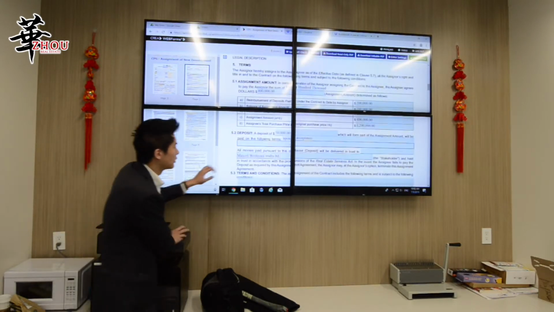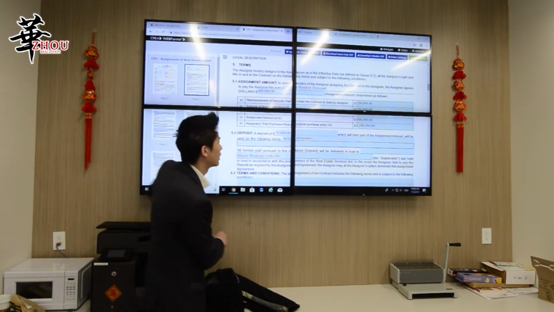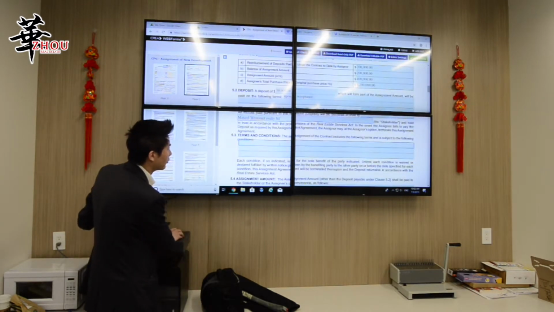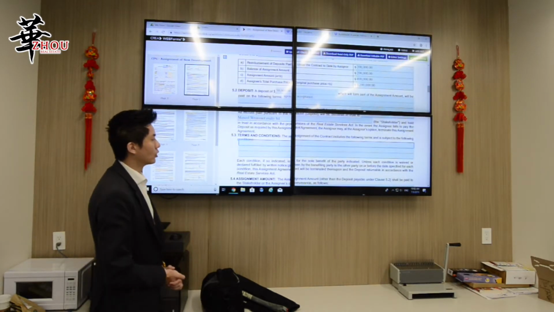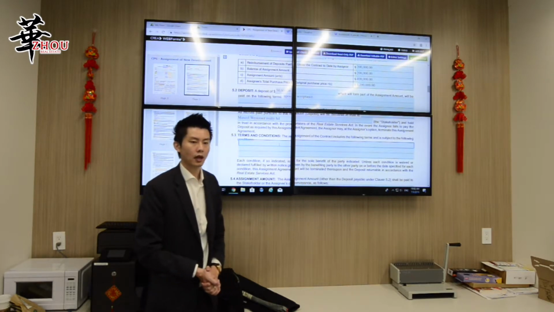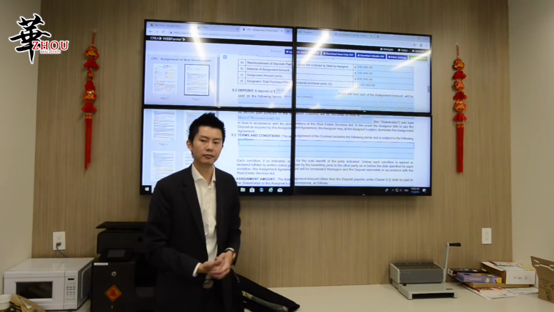So this part is pretty much the same as other CPS. And terms and conditions. So normally for developers, they will not take a subject offer.